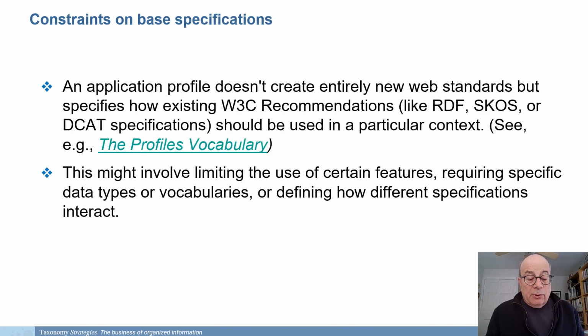An application profile doesn't create entirely new web standards, but rather specifies how existing W3C recommendations, like RDF, SKOS, or DCAT specifications, should be used in a particular context. This might involve limiting the use of certain features, requiring specific data types or vocabularies, or defining how different specifications interact.